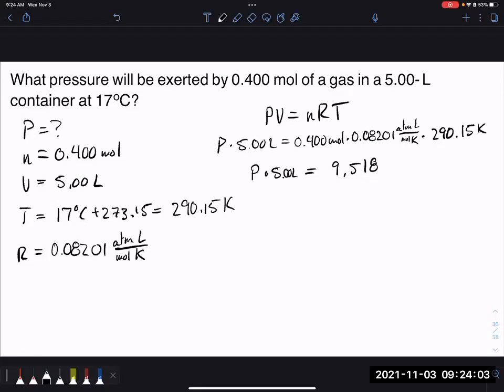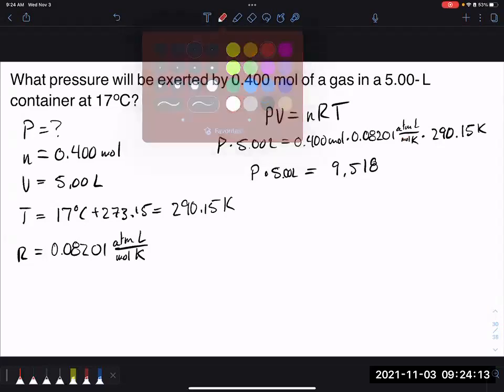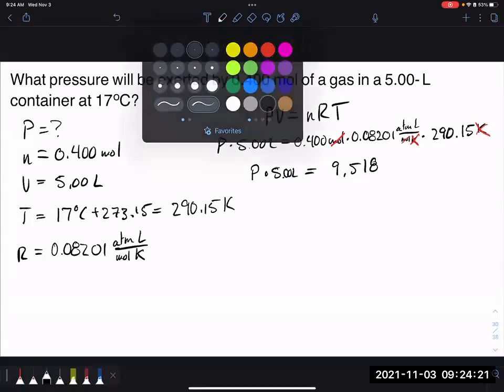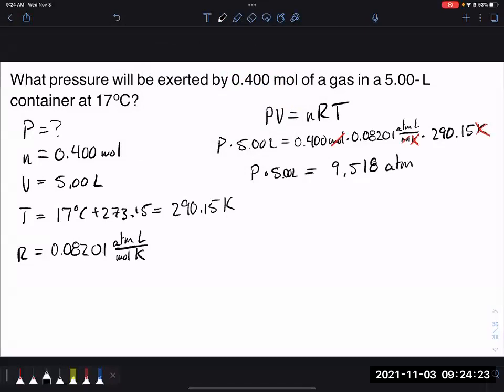Now our units on the right side have changed because we took moles and multiplied it by 1 over moles in these units, so these will cancel. And we took our Kelvin, so that cancels. So now our units that are remaining are atmosphere liters.